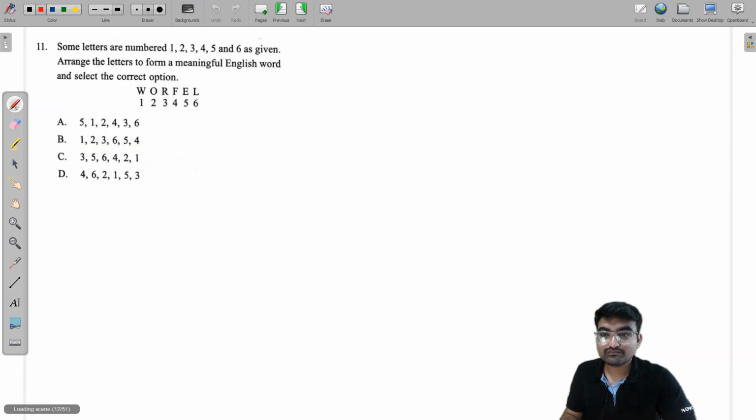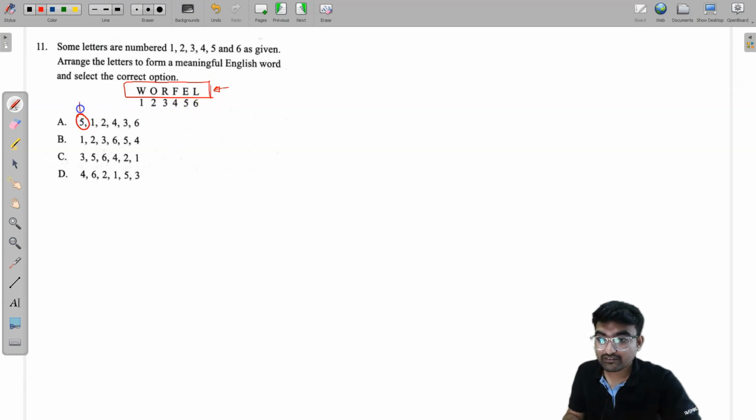Now question number 11. Some letters are numbered 1, 2, 3, 4, 5 and 6 as given. Arrange the letters to form a meaningful English word and select the correct option. Now can you think of some meaningful word? Even if you can't think of the meaningful word just by looking at the letters, you can try checking the options.